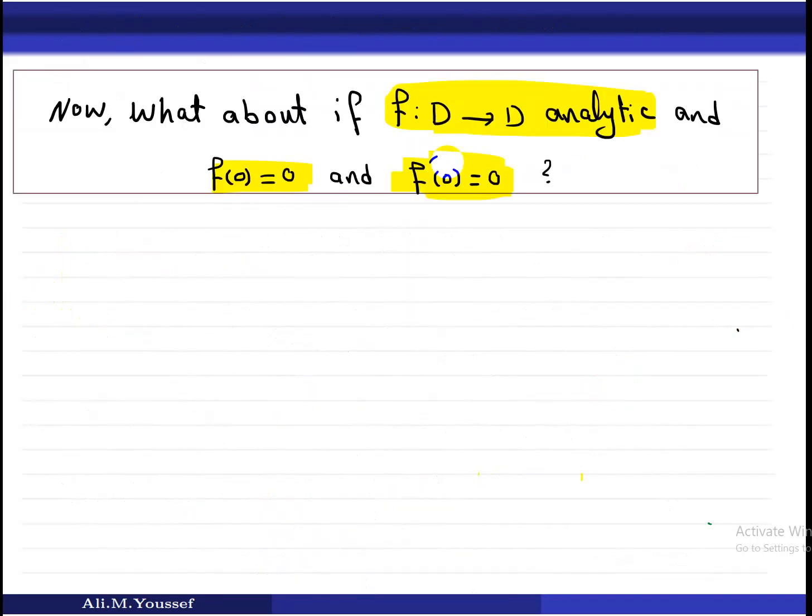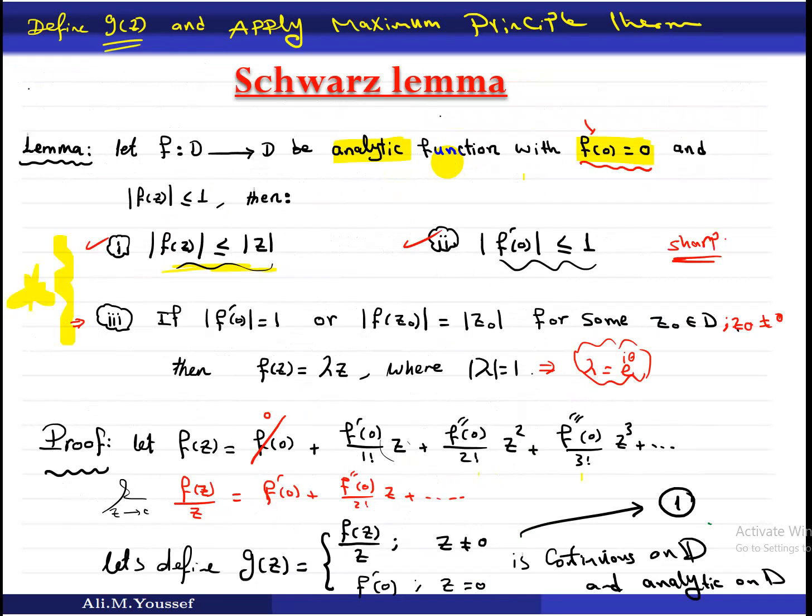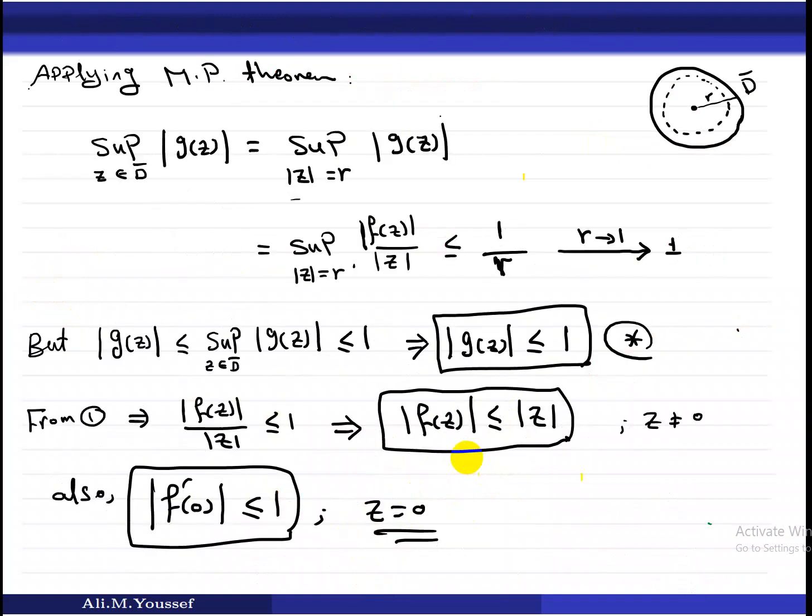But here, instead of dividing by z, go back to the Taylor expansion: this term also will be equal to 0. So the first nonzero term is the third term. So here we divide by z squared. So here f of z over z squared, and here f double prime over 2 factorial, and so on. And repeat the same proof.